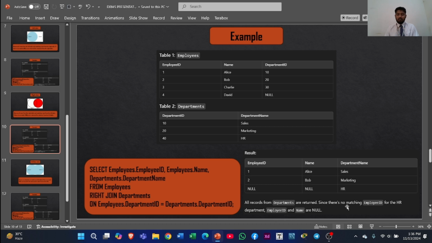Since there is no matching employee for the HR department, employee ID and name are null.